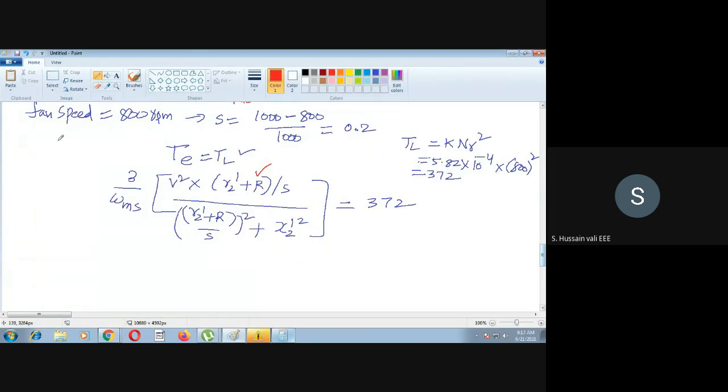So the R value you will get approximately, see, two answers you will get. If it is a quadratic equation, you are getting two answers. I will tell: 2.656 ohm. The other answer is minus 0.286 ohm. So mathematically it may be possible, but practically this negative resistance is not possible. So we will strike it out. So this is the answer. So solving this equation, you will get this answer. Okay.